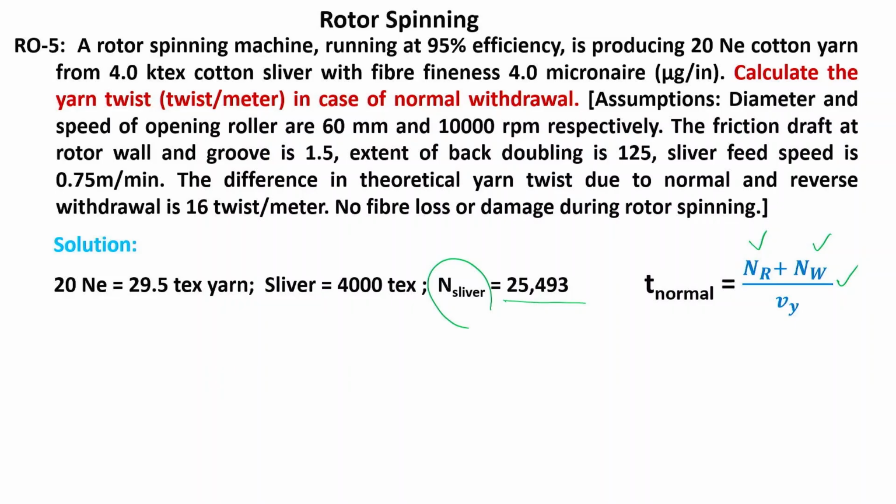So, the sliver tex is given and the fiber tex we can also calculate. So, total draft we can calculate here.